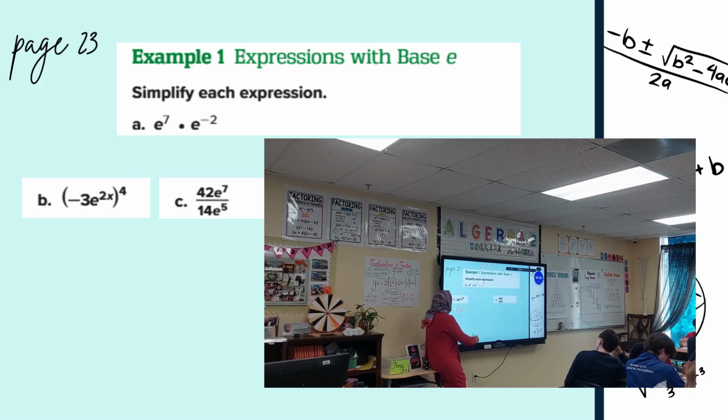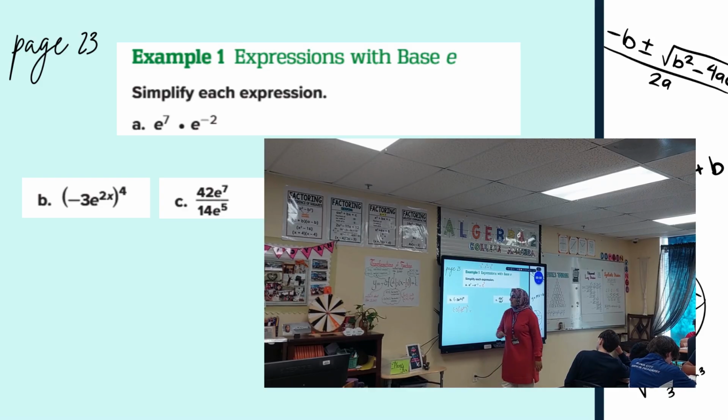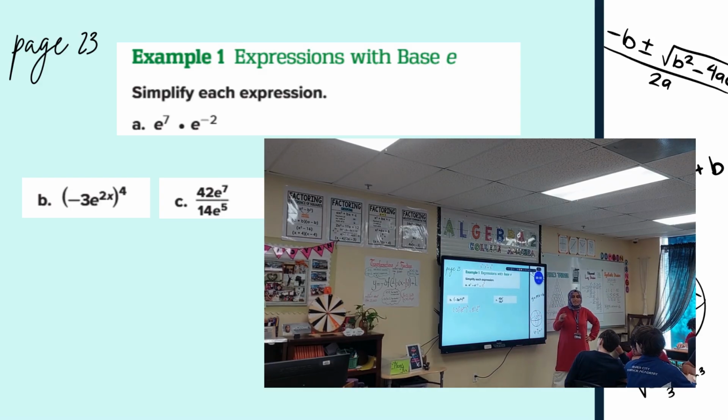Isn't it? Okay, then what is -3 to the power of 4? Positive or negative 81? Perfect, yes. And then e to the 2x to the 4th, e to the 8x. That's it. Okay, we are doing exactly the same thing.